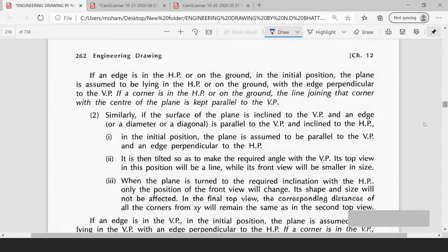Okay. When you solve the problem, you can understand it clearly. But remember that the first inclination will always be the surface inclination. The second inclination will be any dimension inclination, that is a side, a diagonal, or the diameter. Okay, so we will go to the problem.